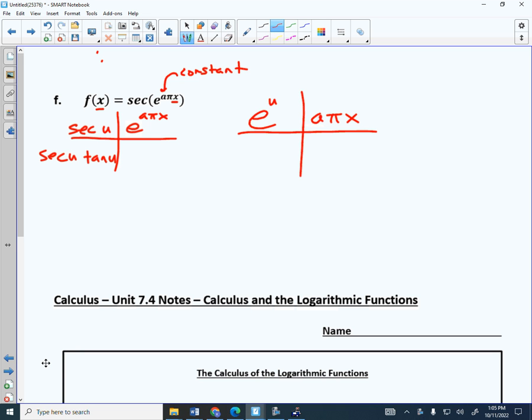Derivative of e to the u is e to the u, and derivative of a pi x. A pi, right? Just the constant. So a pi e to the a pi x.